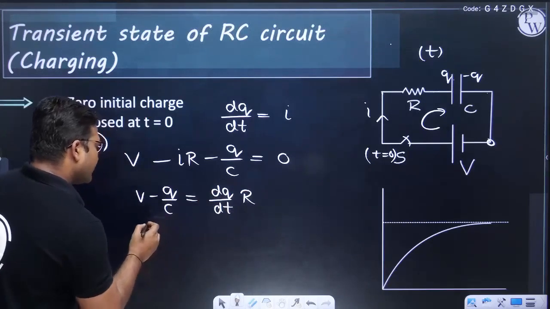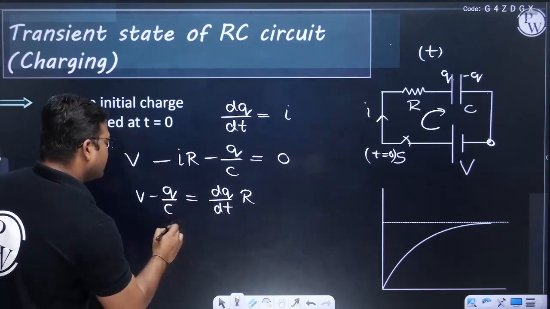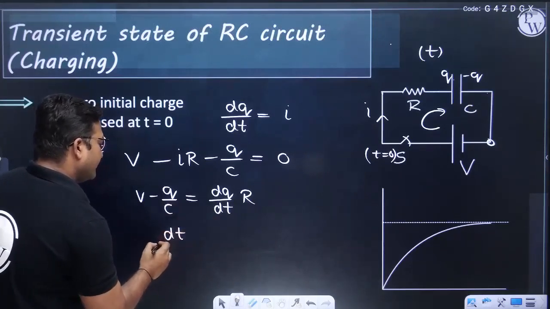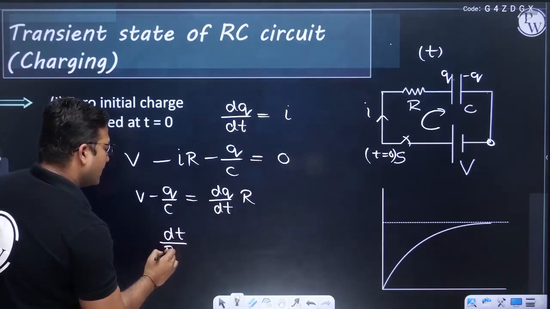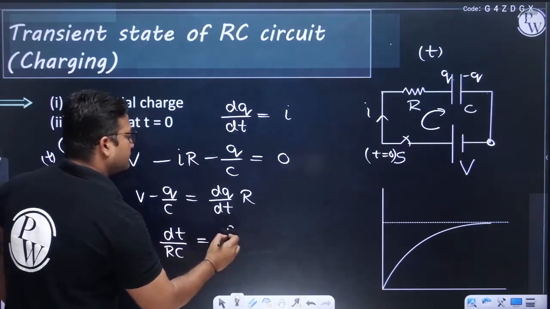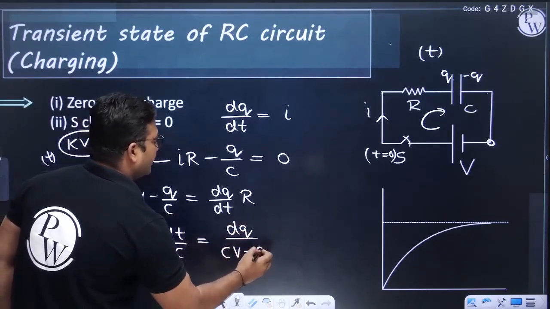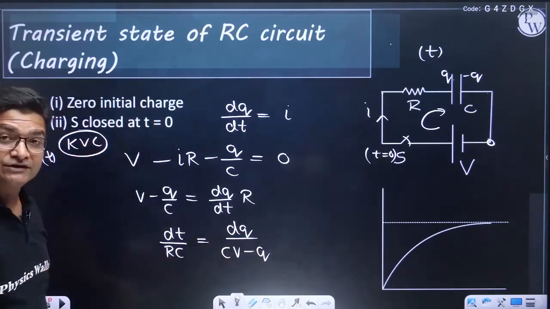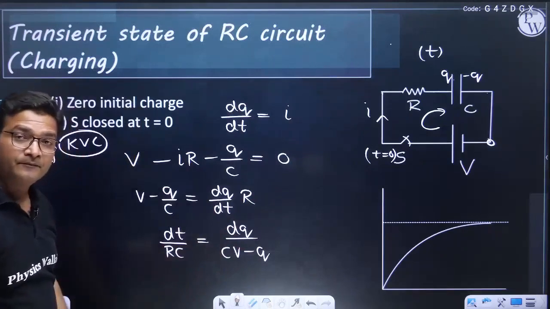And then I'll take C common. Let's bring dt here, so dt divided by RC, bringing R also to the left, and dq divided by CV minus Q. This is the differential equation between the variable charge on the capacitor and time t.